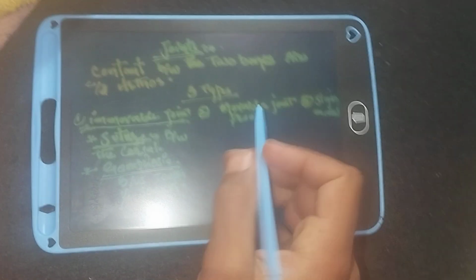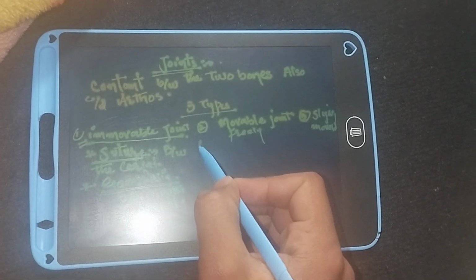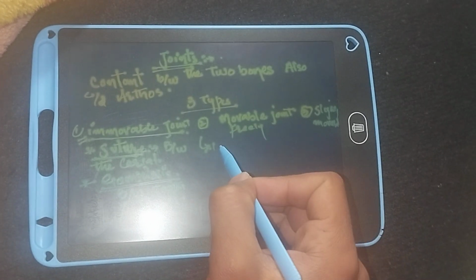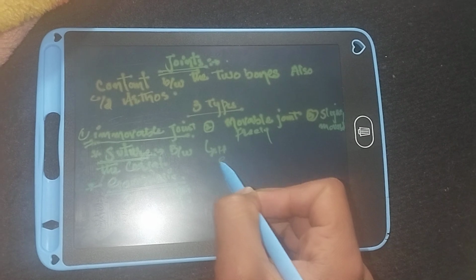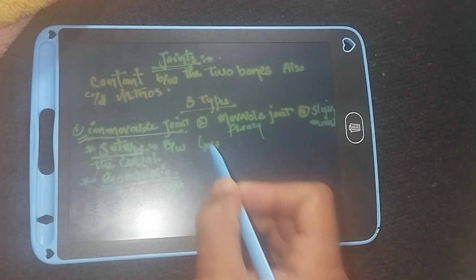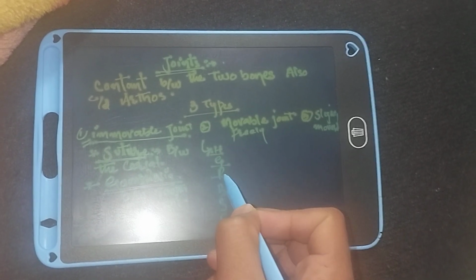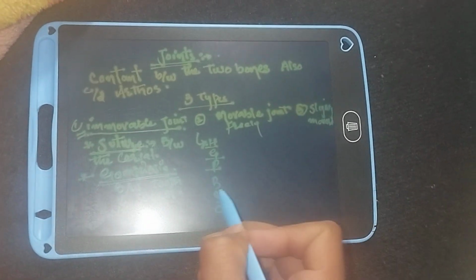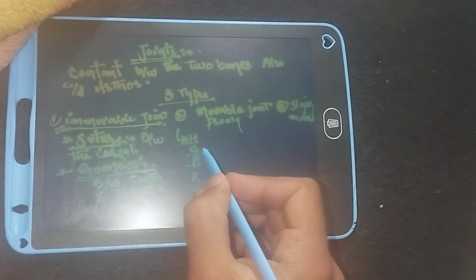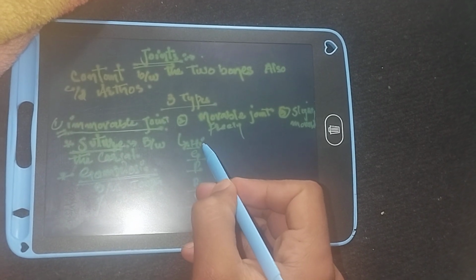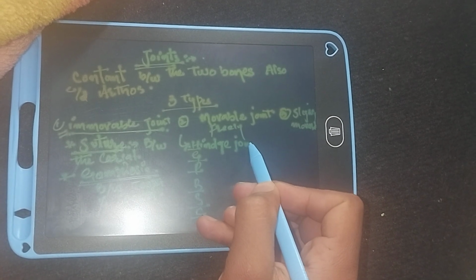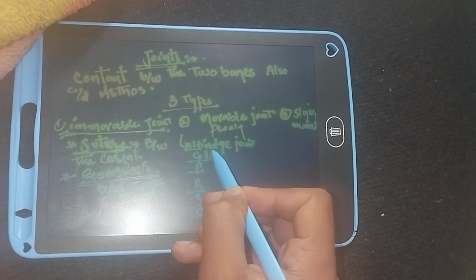Then the movable joint is of 6 types. How can we remember them? HGPBSC, like the Human Genome Project which we study in 12th in genetics, and BSc which you are doing. Firstly, H means hinge joint. G is gliding joint.